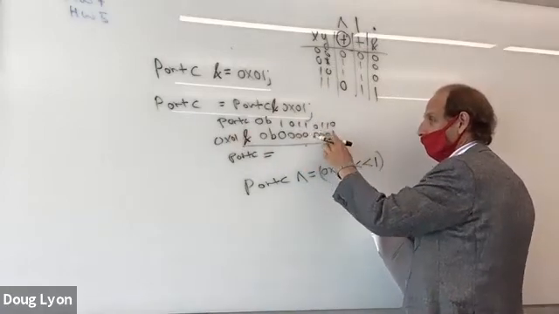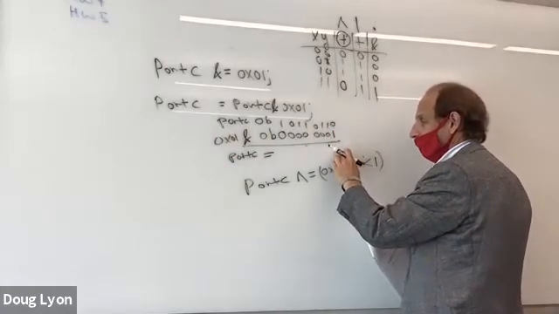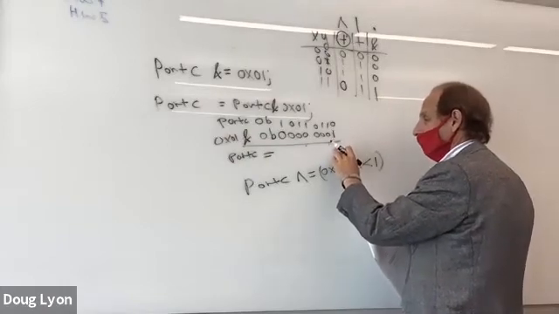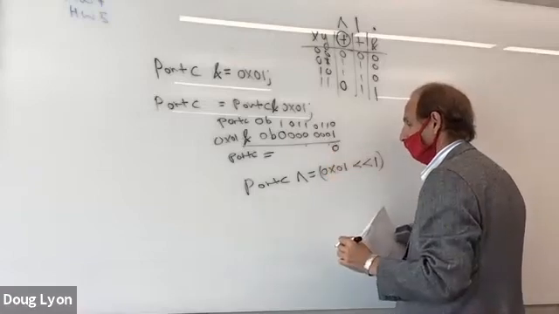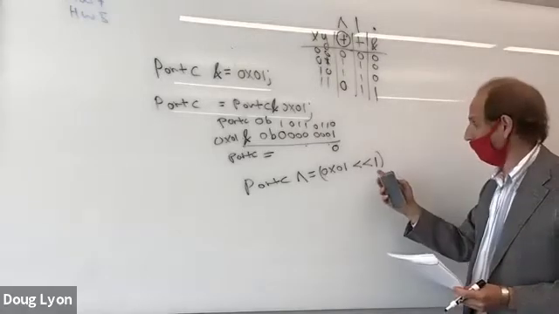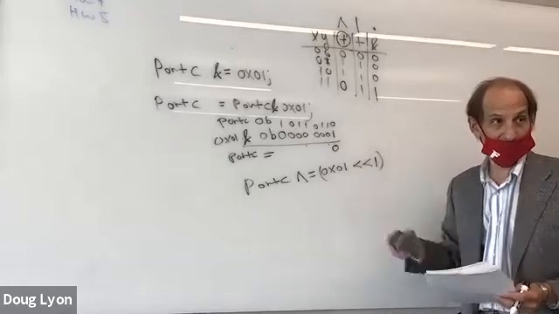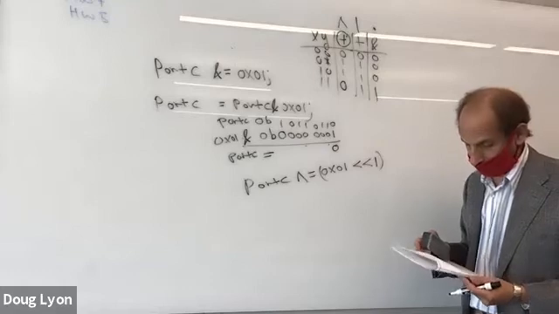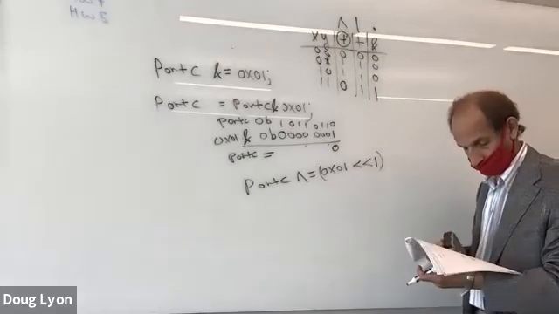So 0 AND anything is 0, but 1 AND whatever this is will come out. What it's doing is giving you the least significant bit, bit 0, which in this case happens to be a 0. If you wanted to, you could get access to any bit just by shifting over. This will give you bit 1. You can go over to bit 20, whatever bit you want. So this is a way to obtain bit 0.